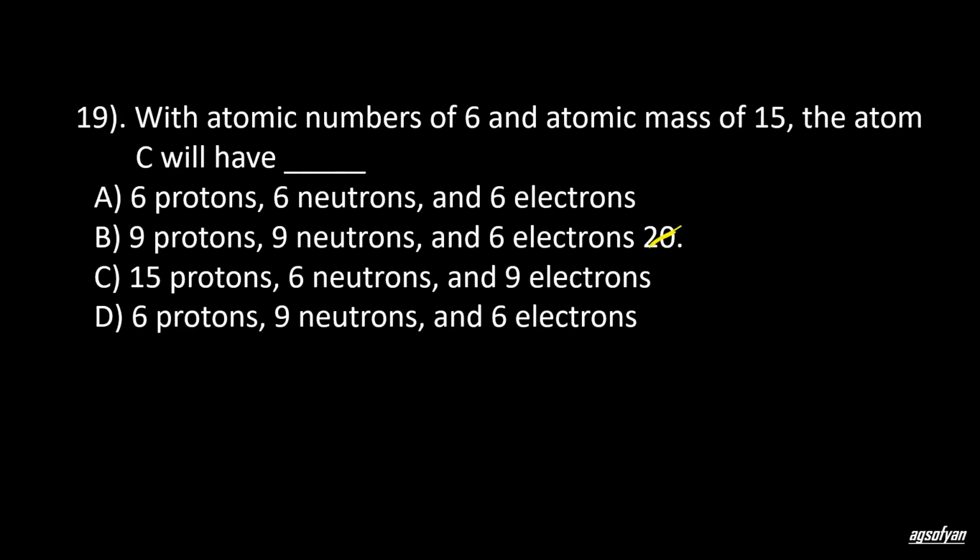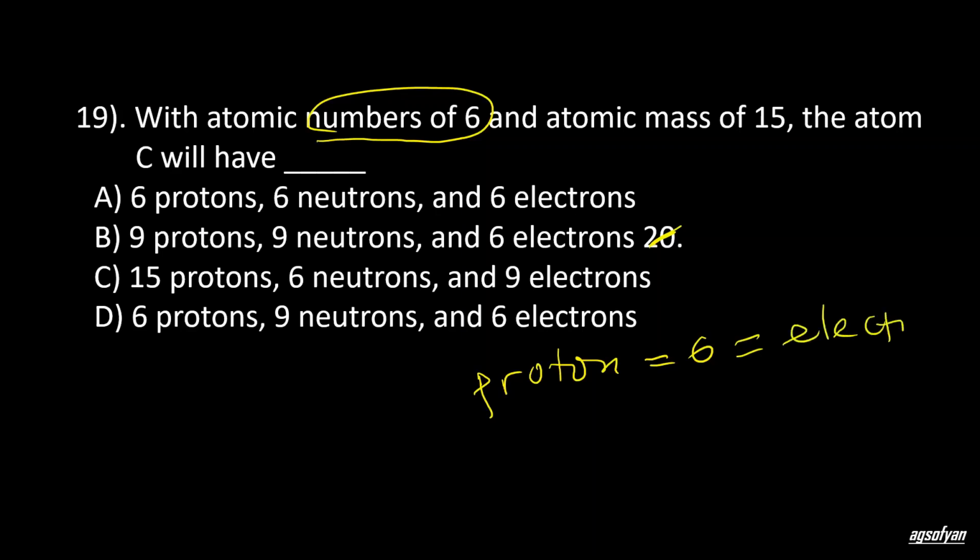Just remember, first, the atomic number means the number of protons. Over there it is 6, so protons will be 6. And this is the rule that the number of protons equals the number of electrons. Therefore, the electrons will also be 6.